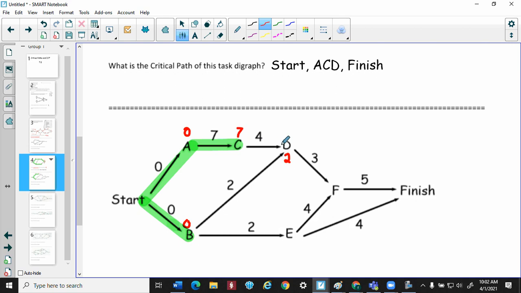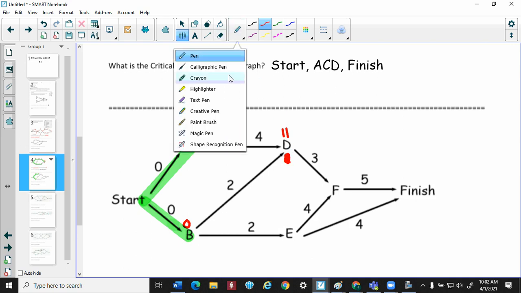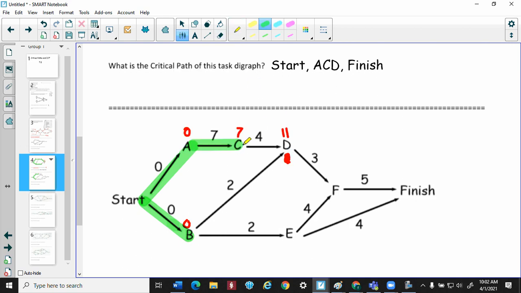C can get to D in 11 days. But unfortunately, D can't start until both B and C are done. So obviously, B will get there faster, but D cannot start until the slowest person gets there, which means D's start time will be 11. So again, as you're highlighting, how did D become 11? Because it came from C.